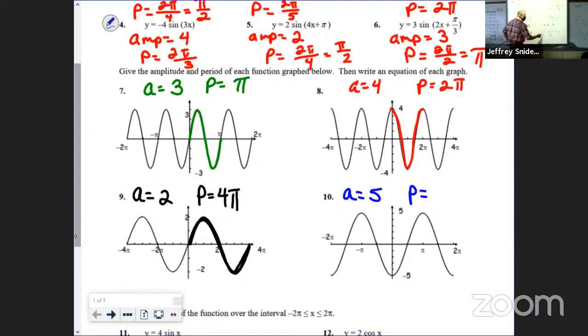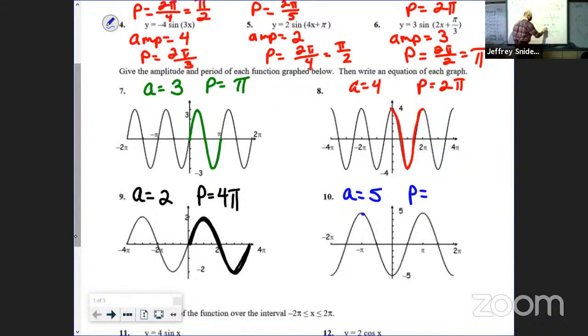If I try to do a sine curve, what's the problem with that? I don't know for sure what this is and what this is. I could guess, and I might be right, but I don't know for sure. So I have to use places where the x values are known. The angle measurements are known.